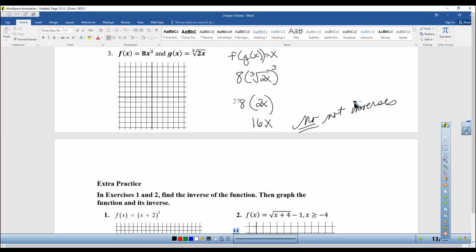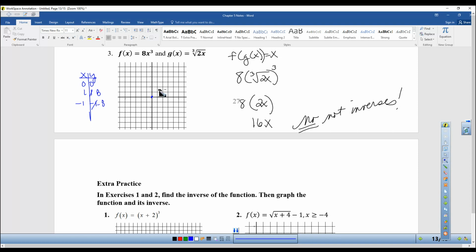And you don't need to try it the other way. If it didn't work there, it won't work. But just to practice your graphing skills, let's go ahead and graph these two. So 8x cubed means that instead of 0, 0, 1, 1, remember those are our main points, 0, 0, 1, 1, negative 1, negative 1, you have to multiply them by 8.